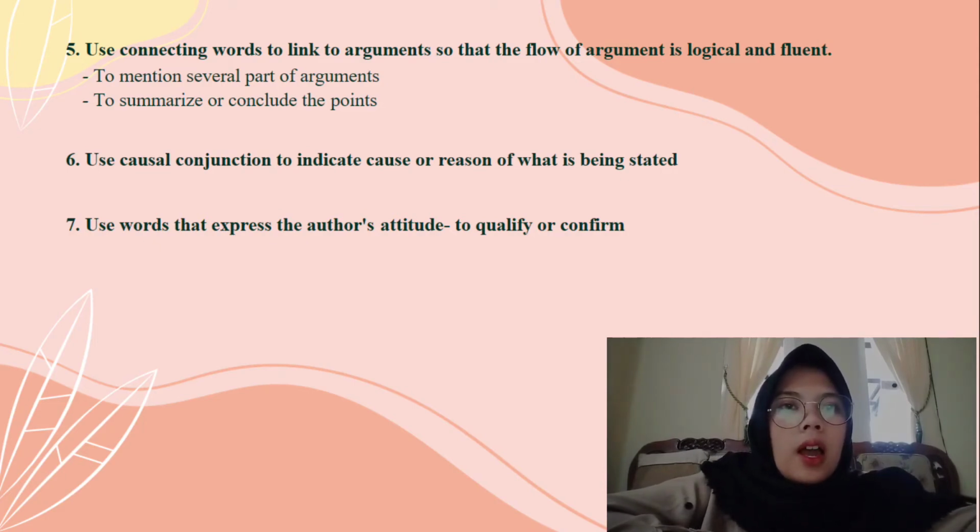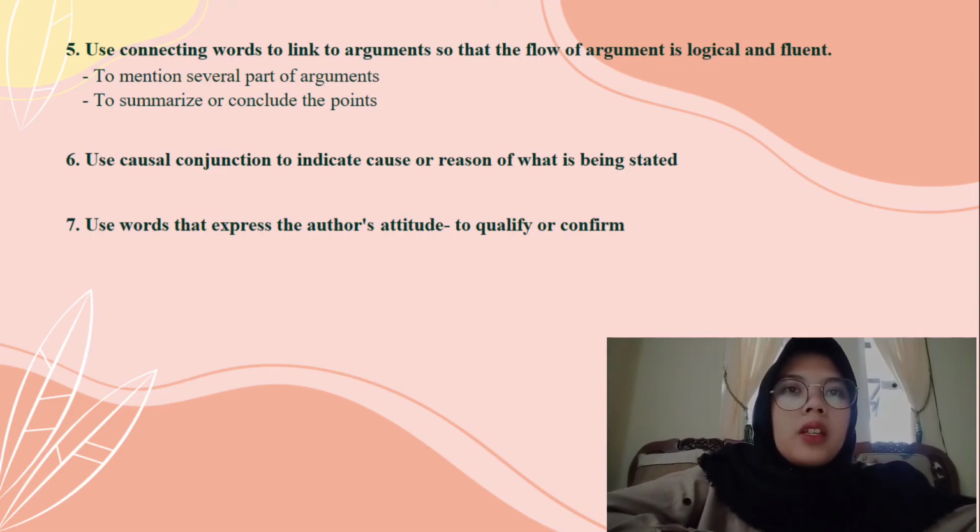And you have to use words that express the outer attitudes to qualify or to confirm. For example, will, frequently, may, must, usually, typically, habitually, commonly, doubtless, and many more.